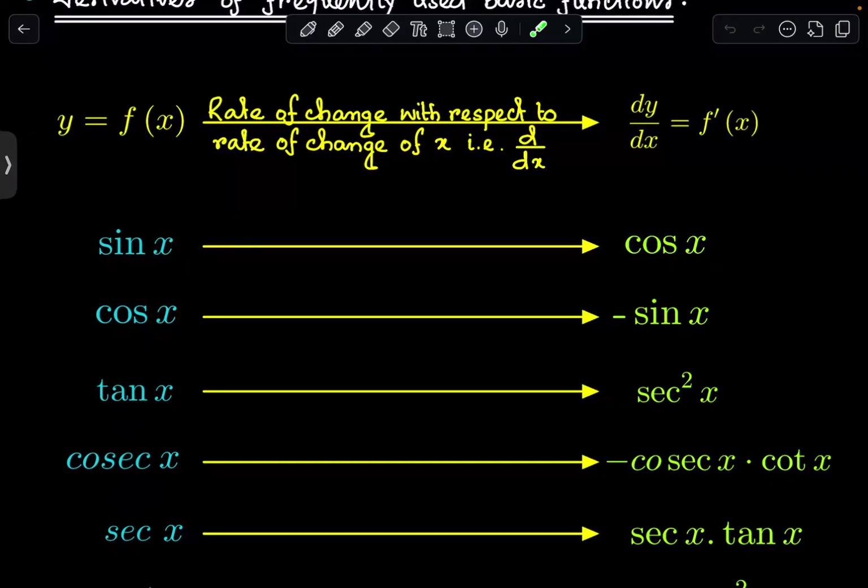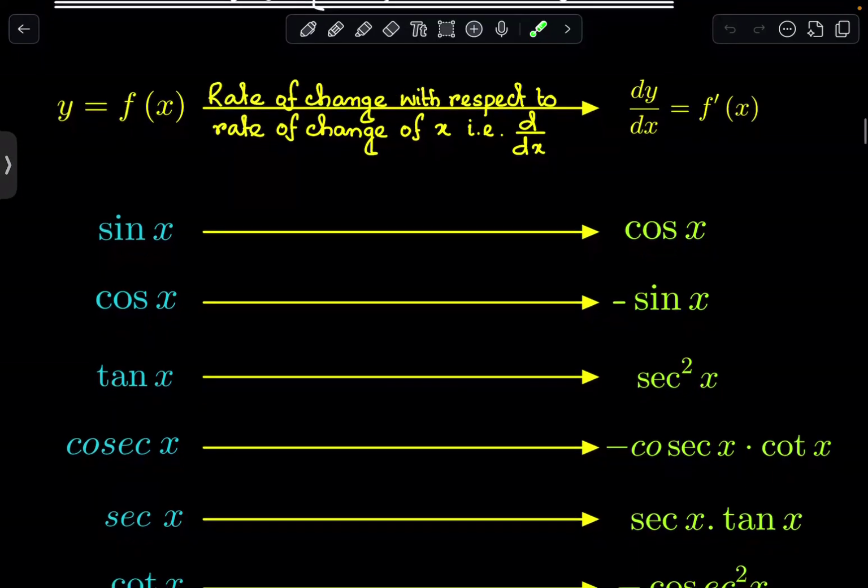So if sine is differentiated with respect to the variable angle, it generates cos of that very variable angle. Similarly, when cos is differentiated with respect to the variable angle, it gives minus sine of that very variable angle.